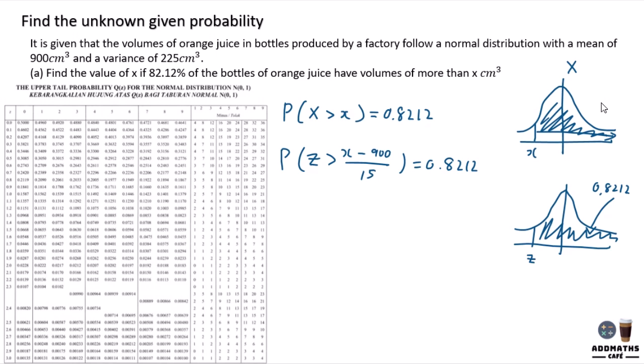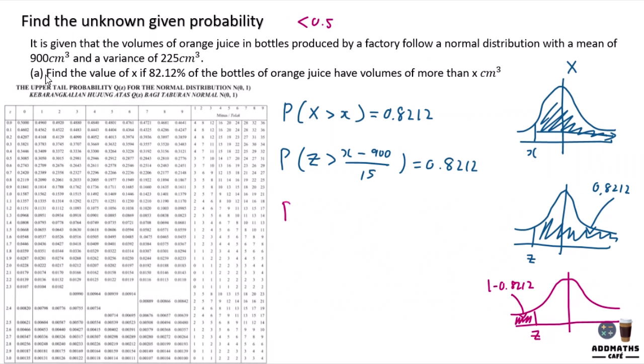In this case, you can't find 0.8212 from the table, because what is in the table is all less than 0.5. So what you do is change the area of the graph. To change it to here, this is still your Z, and this area will be 1 minus 0.8212.